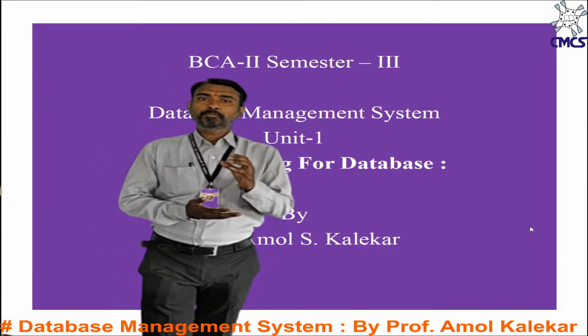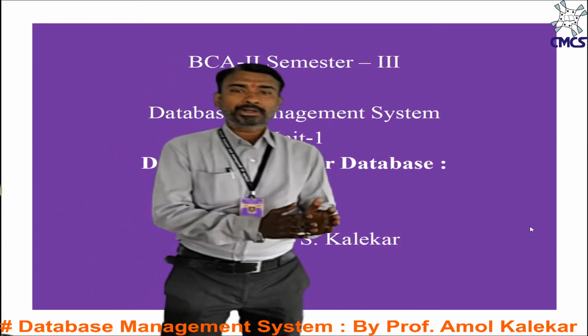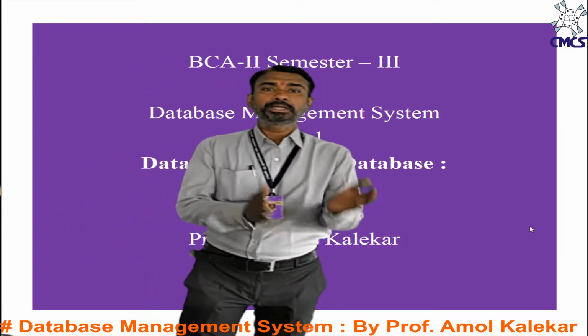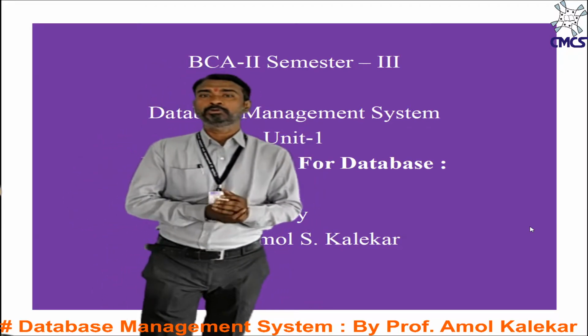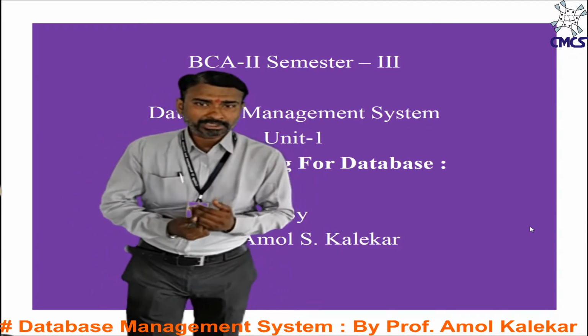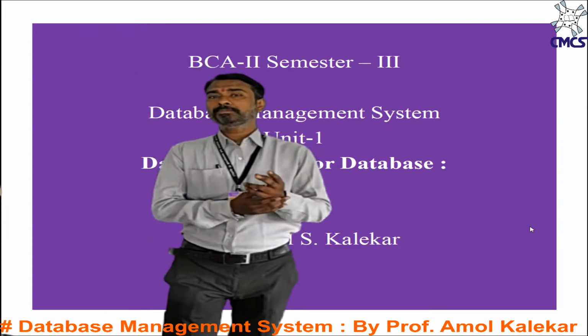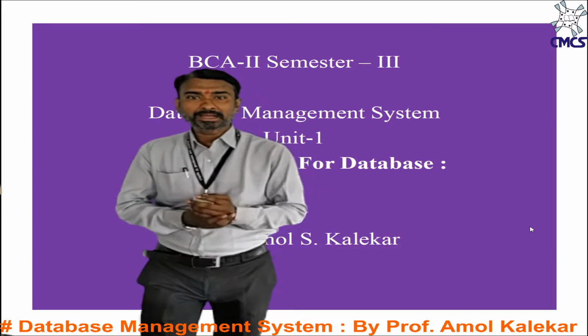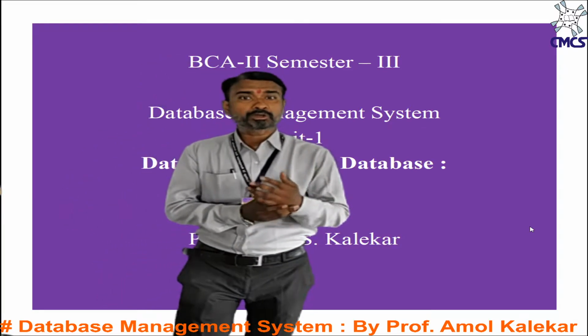So it is important to note that the organization has to model these objects into the database, and for that every organization has to do some basic things. They should identify the objects of interest. Then they should identify their characteristics or properties, in general the attributes of those objects.